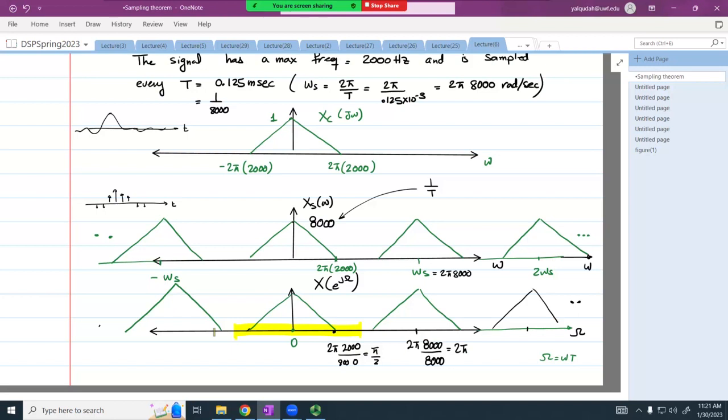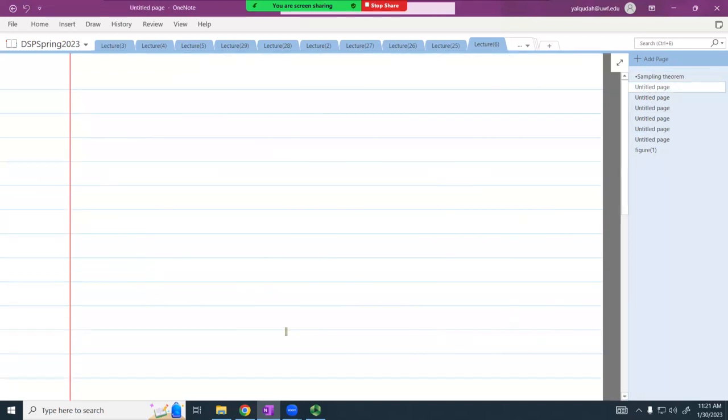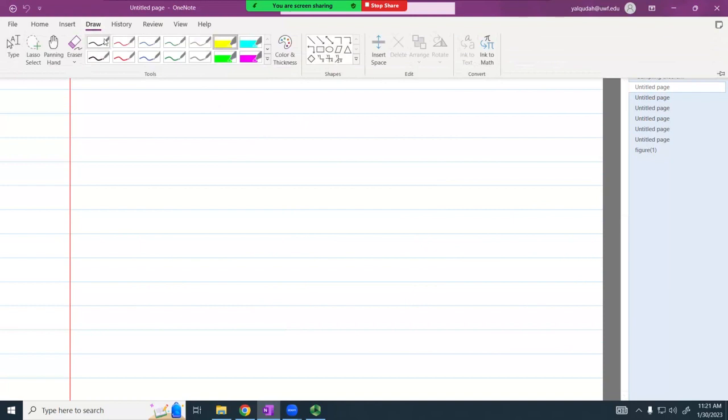And also, the discrete time Fourier transform is very similar to the Fourier transform of the sampled signal. So let's write these down.